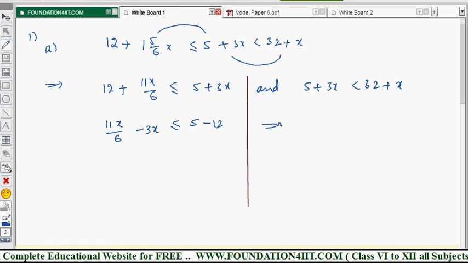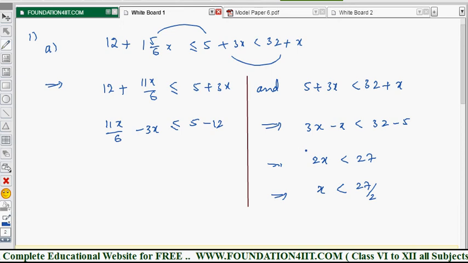Here also, take the x terms to one side: 3x minus x less than 32 minus 5. So 3x minus x is 2x, less than 32 minus 5, which is 27. So x is less than 27 by 2. Let it be on the right side.